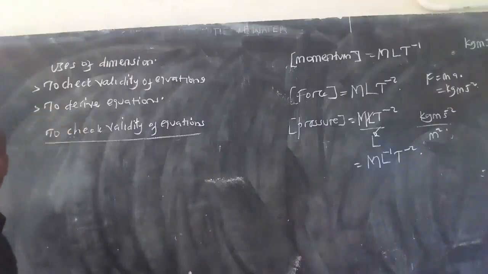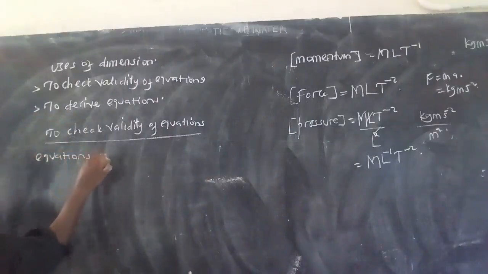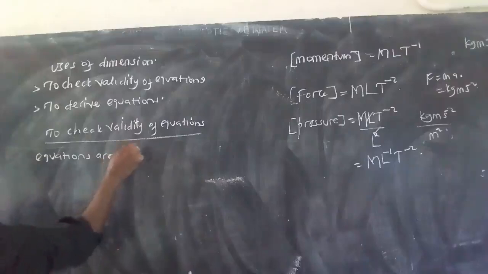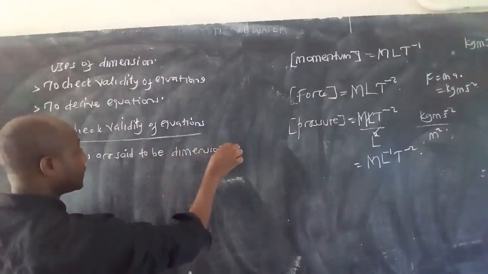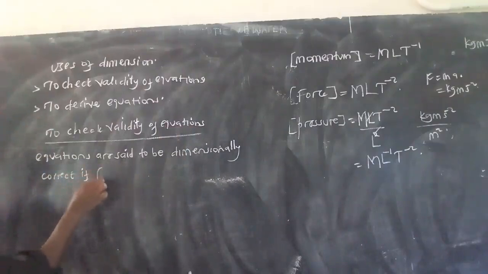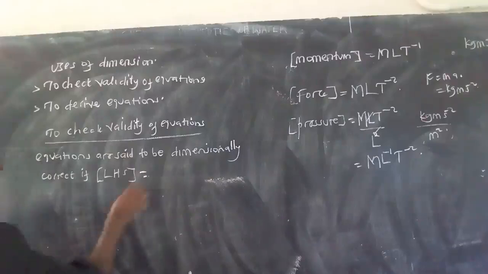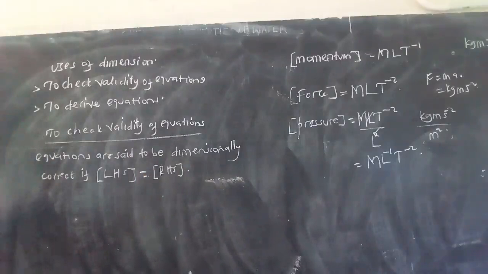Then we shall say that equations are said to be dimensionally correct if dimensions of left hand side is equal to dimensions of right hand side, e.g.